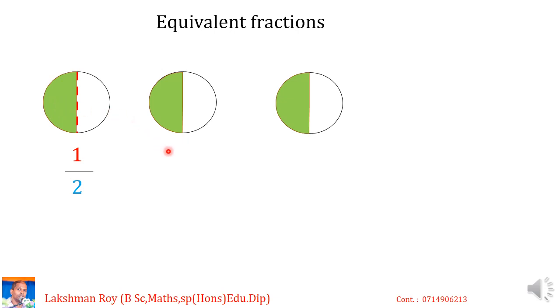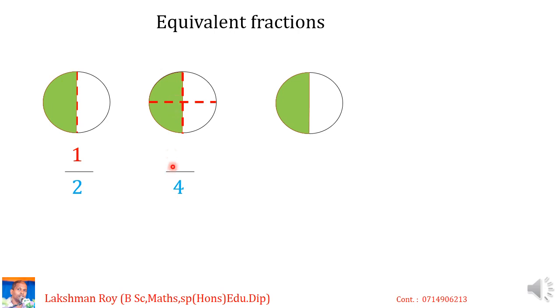Next, move to the second figure. Now I divided it into how many equal parts? You can see 1, 2, 3, 4 parts. Now I am going to write this colored portion as a fraction. We need a line, then two numbers. In the denominator, what is the number? The number of parts divided, so that is 4.